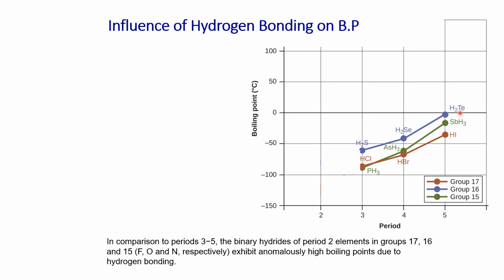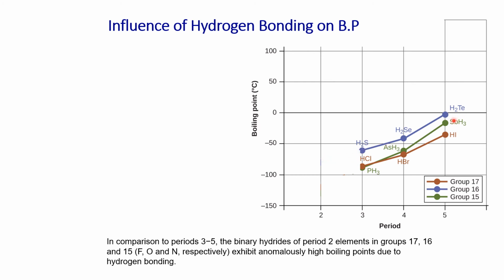But now let's go the other way. Te, go up the table to Se, right? Go up the table to sulfur, and right above sulfur is oxygen. So I want you to look at this graph and predict where you expect the boiling point of H2O to be.